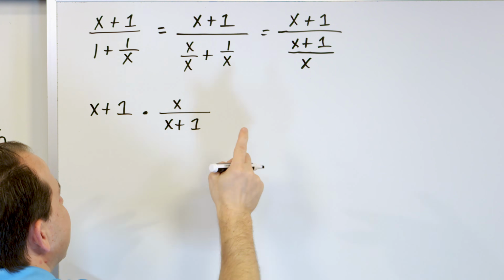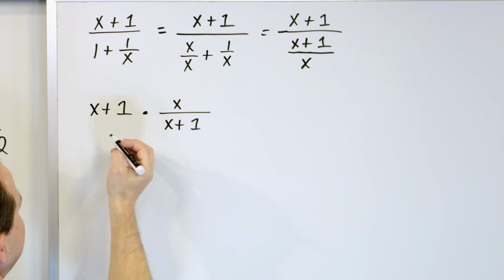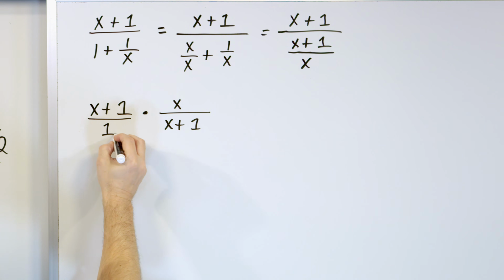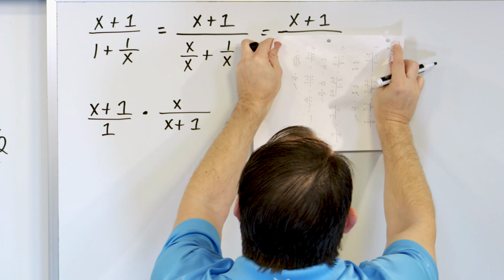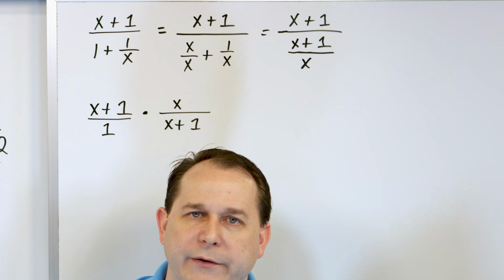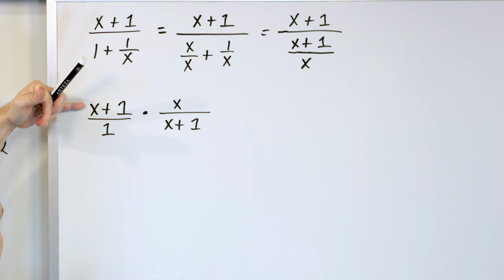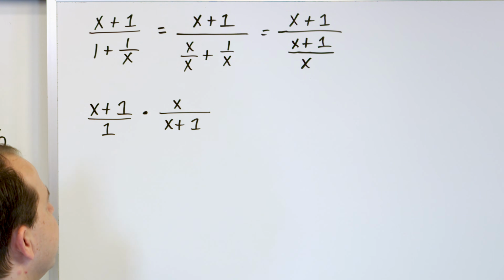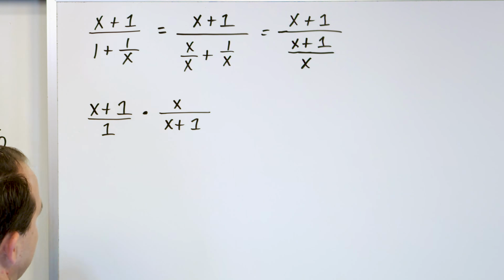And then don't forget that this x plus 1 on the top can always be written as a fraction of x plus 1 over 1. In other words, the numerator is x plus 1, but anything can be written as itself divided by 1, right? So we'll take the numerator over 1 times the flipped over version of the denominator.